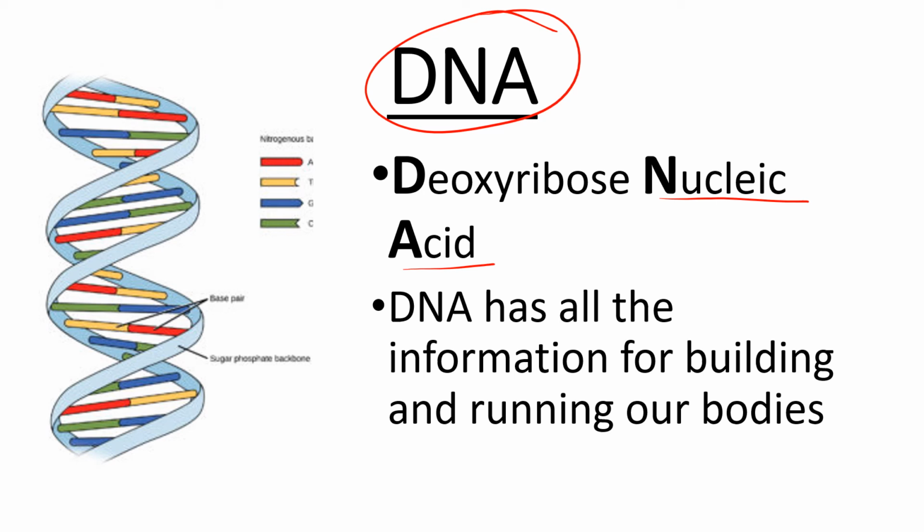So you can see we have this double helix shape, and this has all the information for both building and running our bodies. So do you have a hitchhiker's thumb or not? That's in your DNA. Do you digest milk by producing the lactase enzyme? That's in your DNA. If you need to grow taller because you have a growth spurt, that information is in your DNA. So it basically runs our entire bodies.